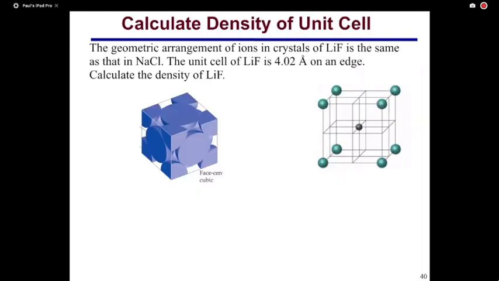All right. So how in the world would you approach something like this? The geometrical arrangement of ions in a crystal of lithium fluoride is the same as that of sodium fluoride. The unit cell of lithium fluoride is 4.2 angstroms on an edge. Calculate the density of lithium fluoride.